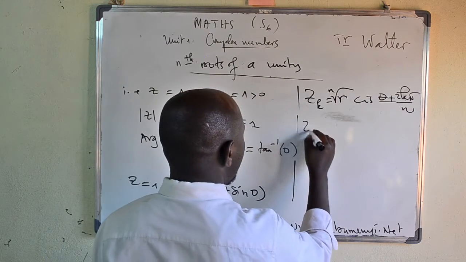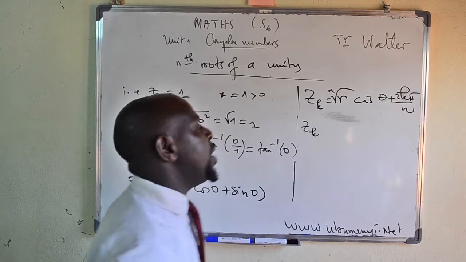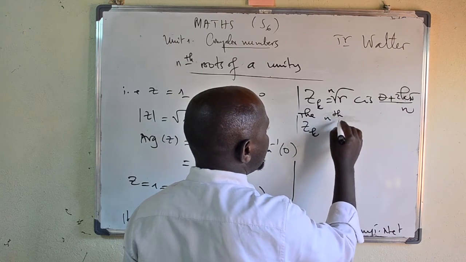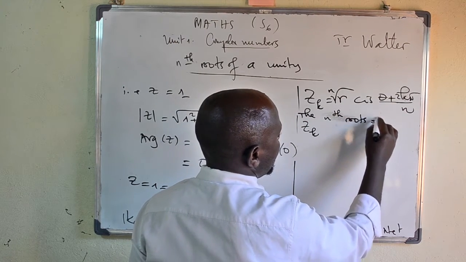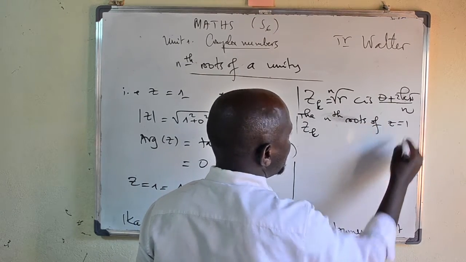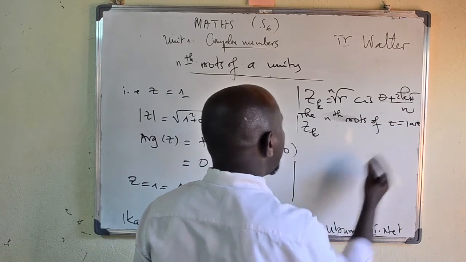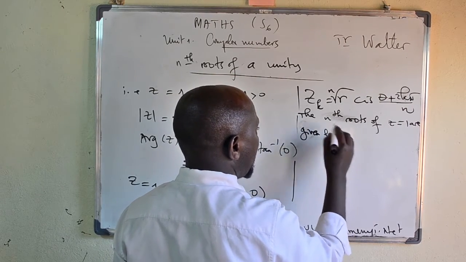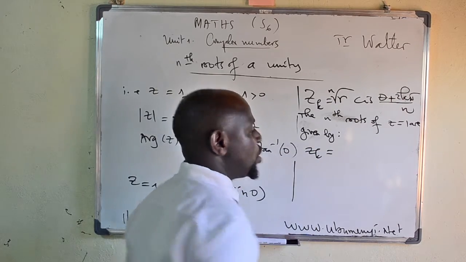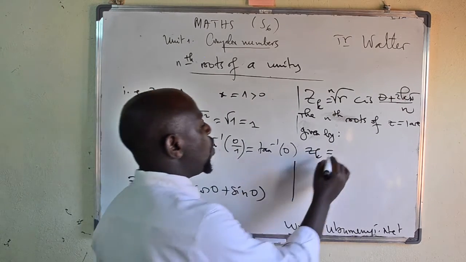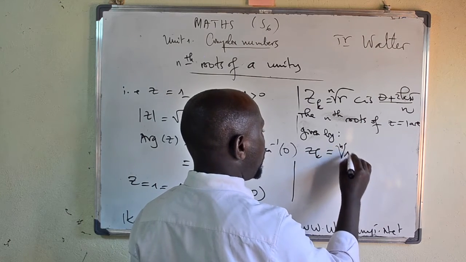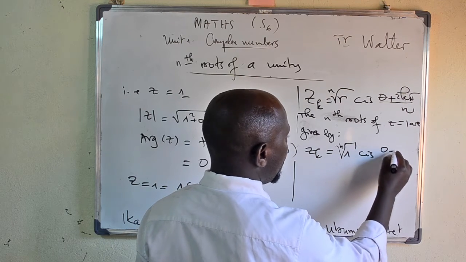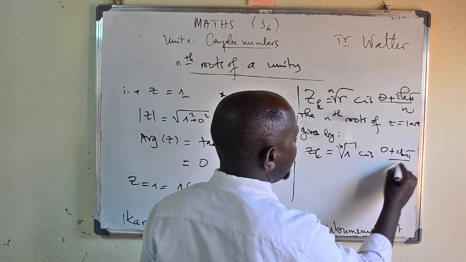We shall now see that the nth roots of the complex number unity, z equal to 1, are given by zk, which is equal to the nth root of 1, then cis of theta, which is 0, plus 2k pi over n.